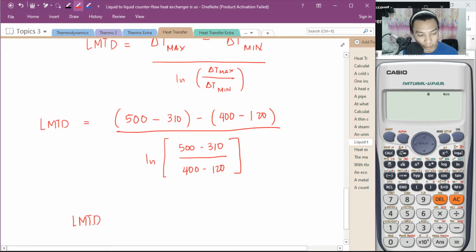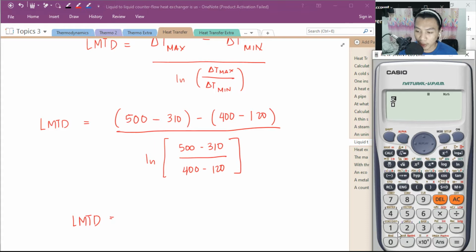Now, let us go with the LMTD. LMTD will be equal to, calculate. Yan. So, 500 minus 310, okay, minus 400 plus, kasi naging minus 120. Ayan. And then, the ln, natural logarithm of 500 minus 310 divided by 400 minus 120. You now have the value for your LMTD.